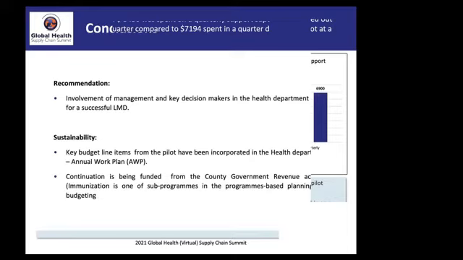In this regard, we recommend that if we are to do this continuously and harvest the results, we want a really broad involvement of more persons in the immunization space. Apart from the immunization staff, the management of the specific county is very critical, because the managers in the county play a role in determining whether transport will be available, and whether the other resources required to make sure that the last mile is achieved are available.